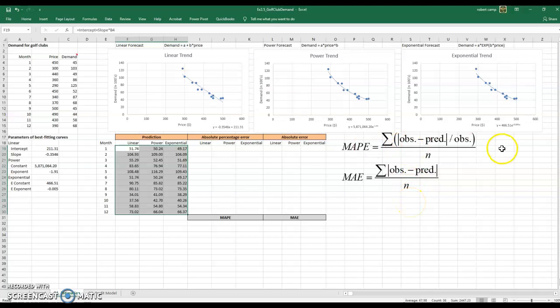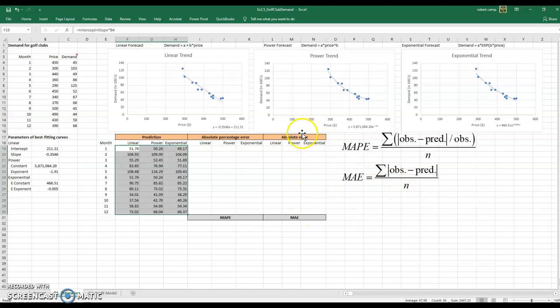MAPE is the same thing, except the only difference is once we do that observation minus the prediction, we divide by the observation. That gives us a percentage error for our function. Absolute error gives us the absolute value of the numbers that we go through.